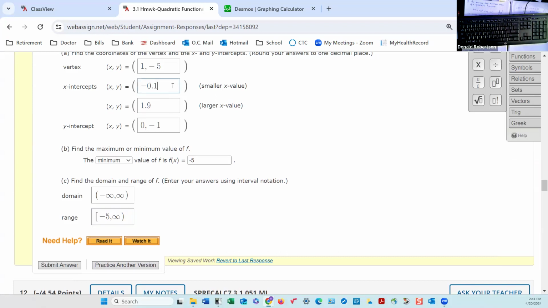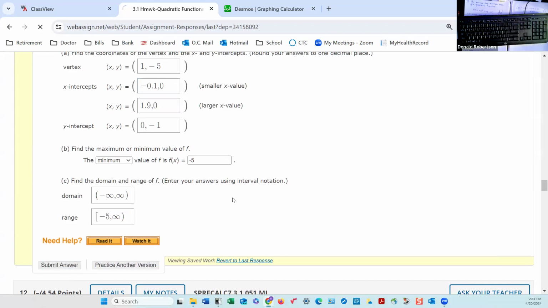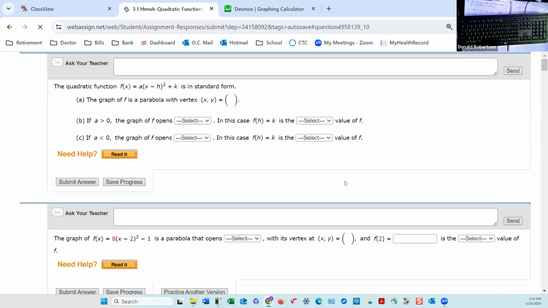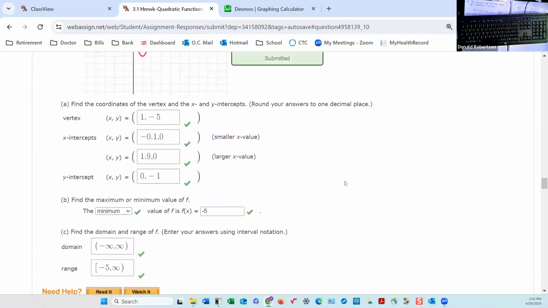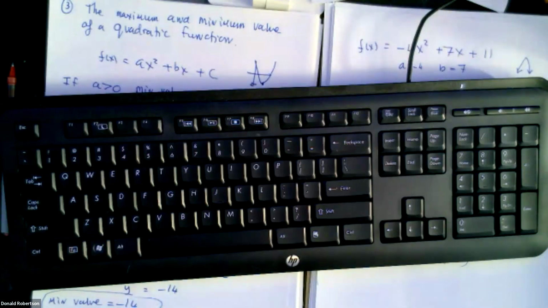So another thing I just noticed, that it's coordinates. So let's put those in as well. Let's see how good I am at guessing x intercepts. Okay, I got lucky. It is actually 0.1 and 0.9. And that is the end of that section.